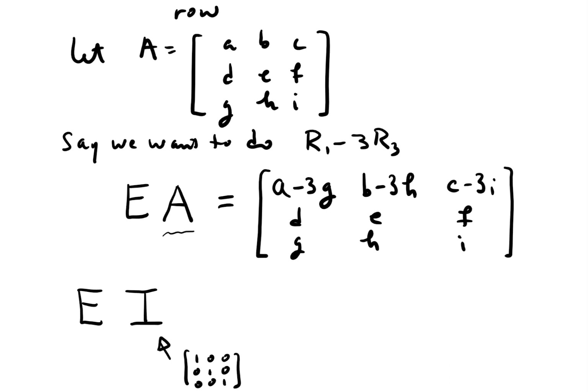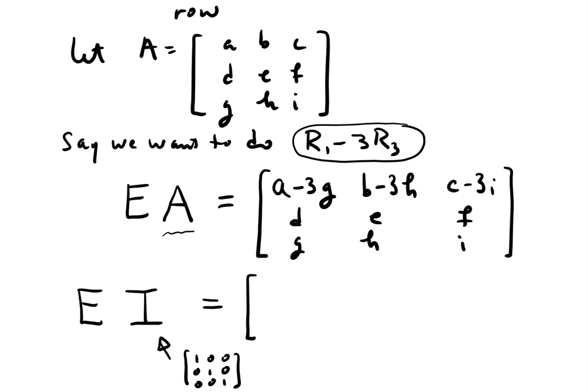So what if that matrix E, which when it multiplies any matrix performs the row operation where row 1 is replaced by row 1 minus 3 row 3, is applied to I? Then the first row will be changed, because that's what multiplying by E is doing.